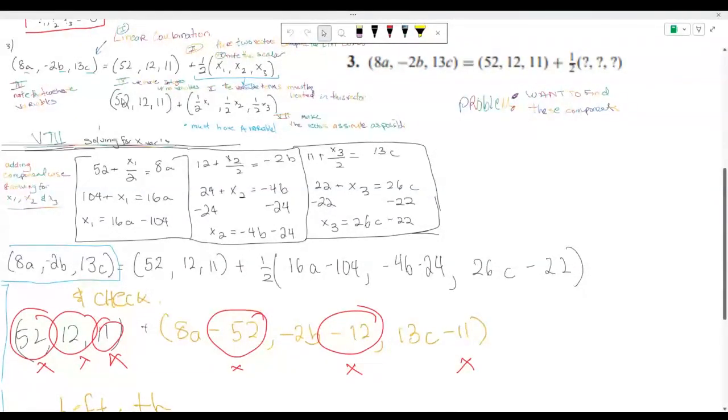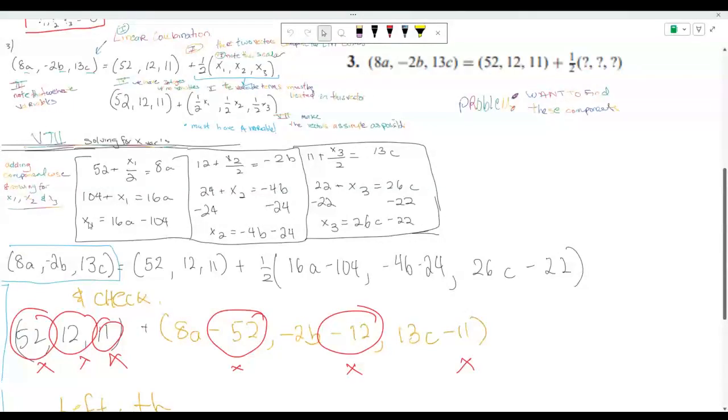You want to find these components that I labeled as x1, x2, and x3, which will be the question marks. Then I applied the scalar multiple to each one of the components, x1, x2, and x3, so you could simplify and then solve for each of them.